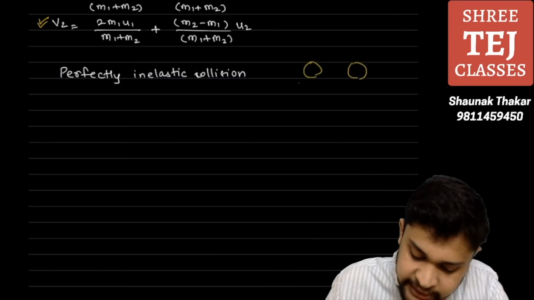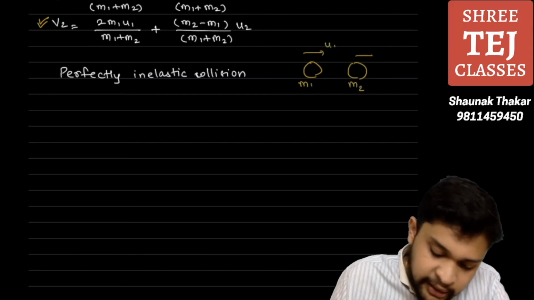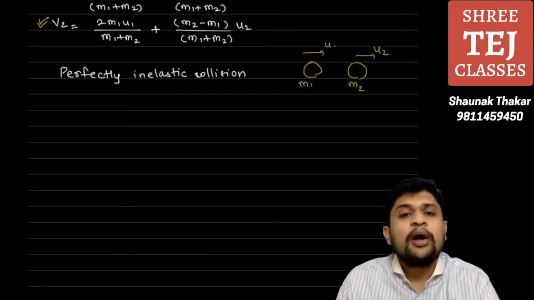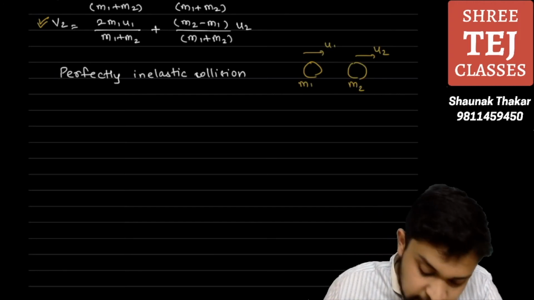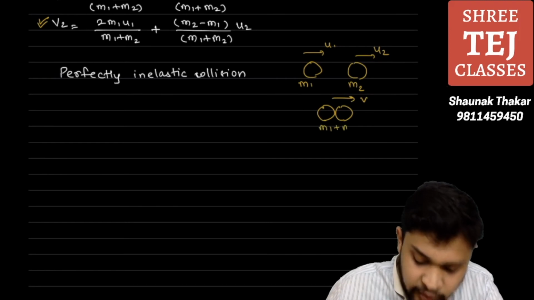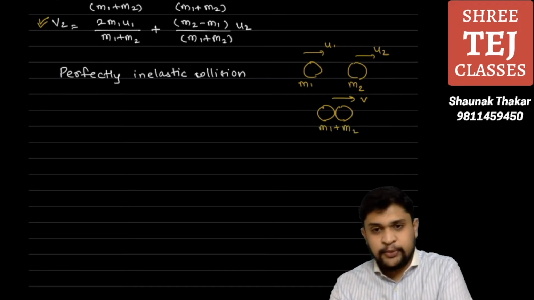So, two objects m1, m2 moving with velocities u1 and u2. Of course, u1 we are assuming to be greater than u2, otherwise collision will not take place. So, after collision, they move with common velocity v. And the total body will now have the mass of m1 + m2.